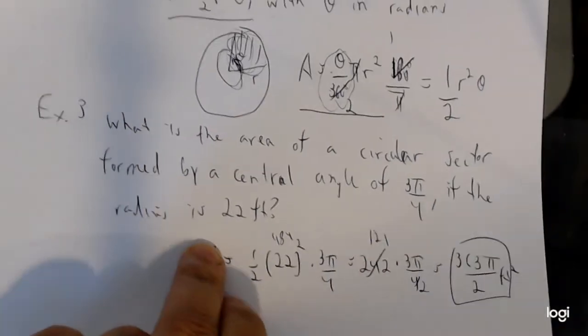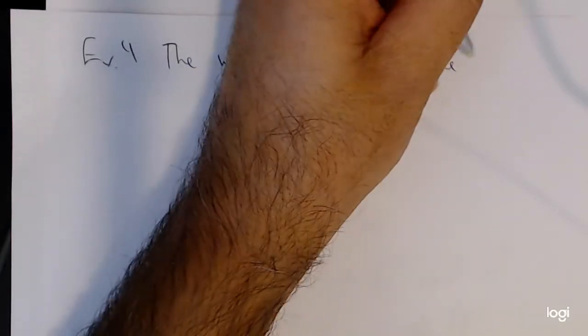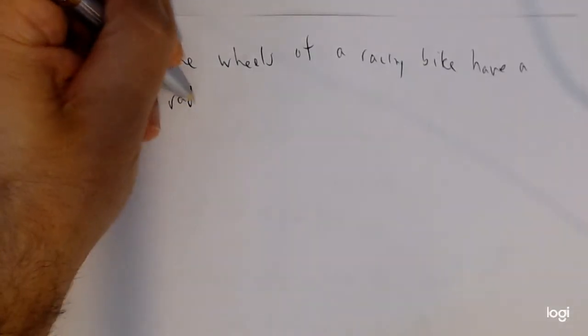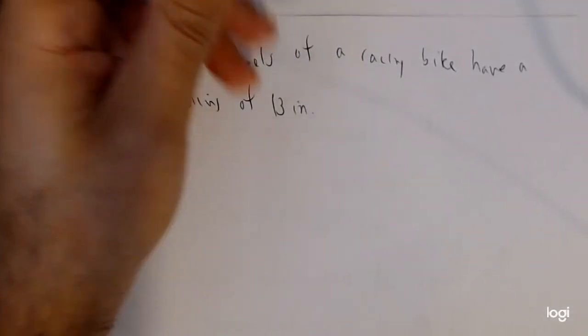Now the last example I want to do goes back to our linear speed and angular speed. This is an interesting one, and hopefully it will make sense when we talk about it. The wheels of a racing bike have a radius of 13 inches.